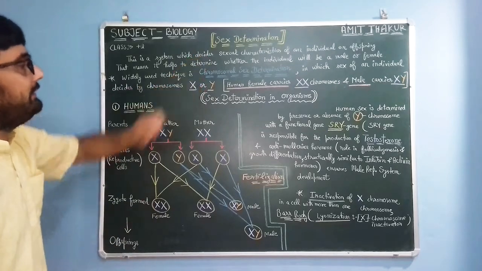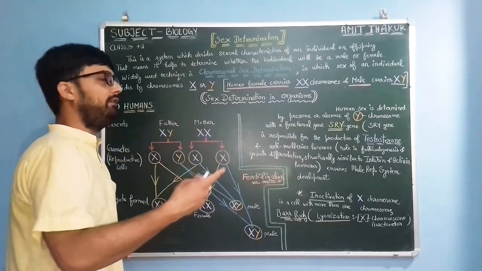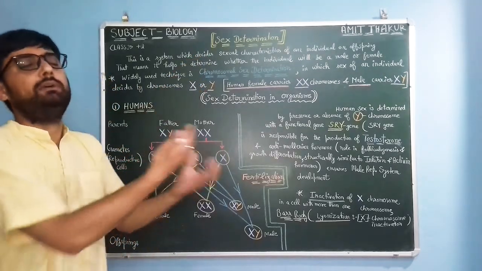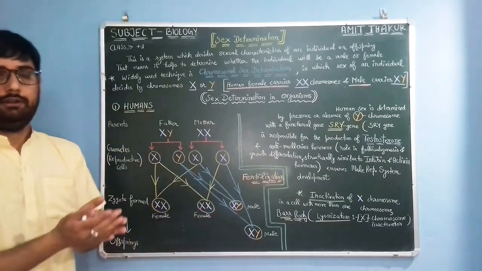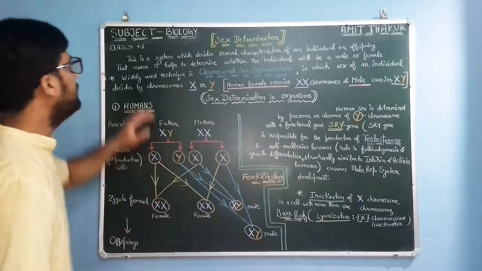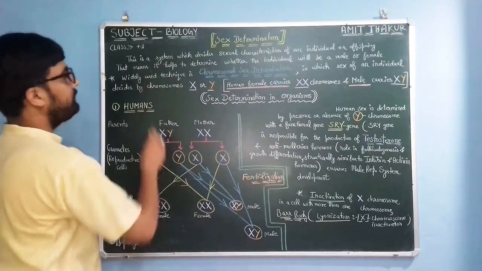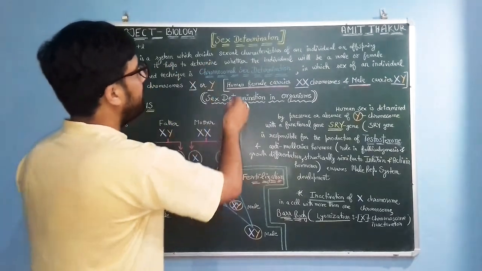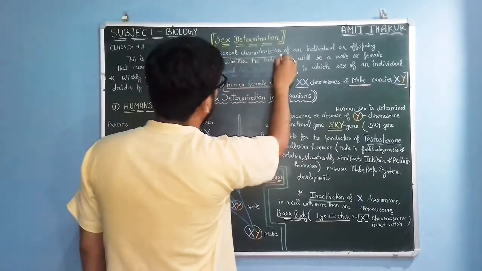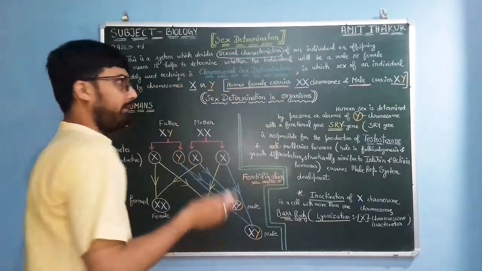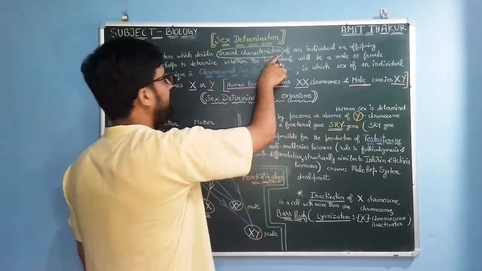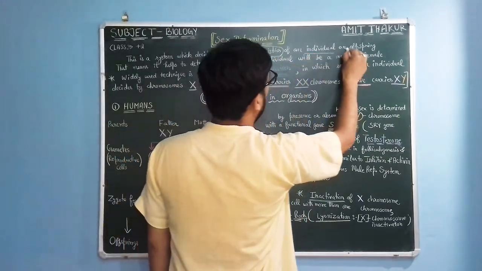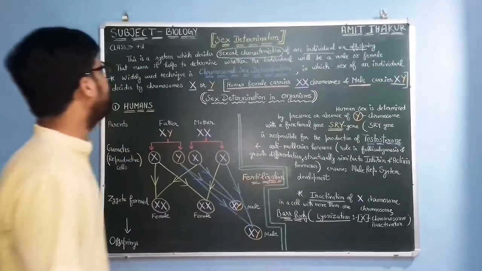So what is sex determination? You can say it means how we will find out what the sex of an individual is, whether it is a male or a female. So this is a system which decides sexual characteristics, means a male or a female, of an individual or offspring.